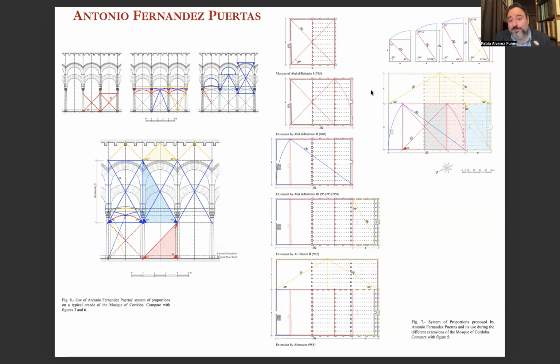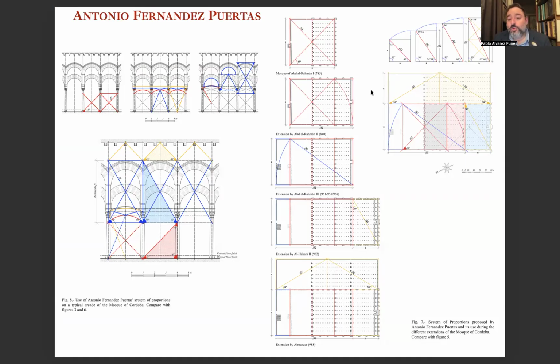This is Antonio Fernandez Puertas, who has started to analyze the measurements of the Mosque of Cordoba in the light of another geometric standard. Looks very reasonable, no? He's just measuring: the initial Mosque of Cordoba was a square divided into two, which is obvious when you see it.